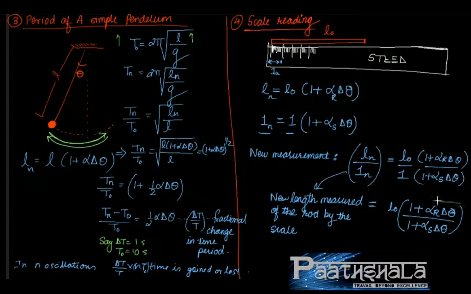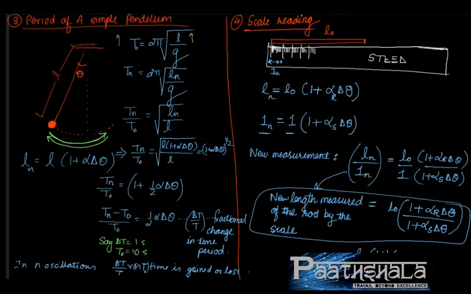This is the exact expression. If we use the binomial theorem to approximate it, it comes out to be L naught (1 + (alpha rod minus alpha scale) delta theta). That's it.